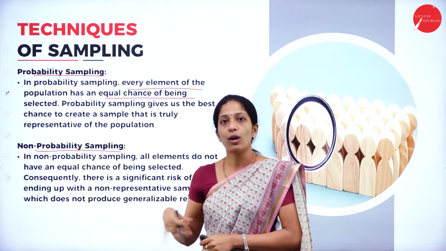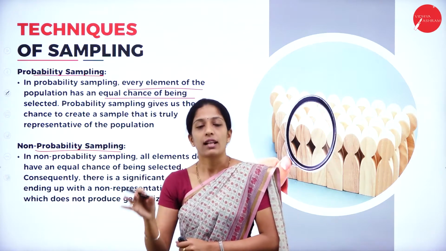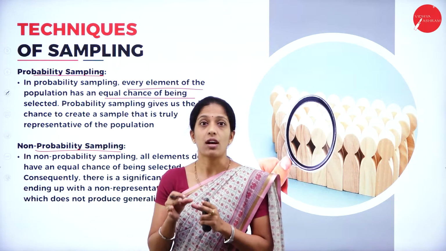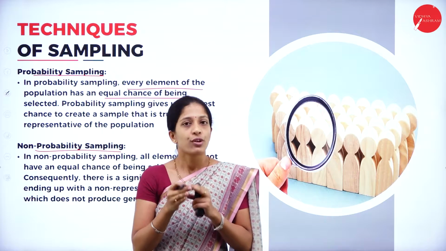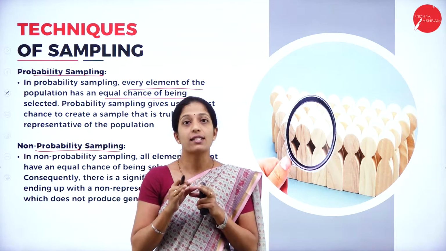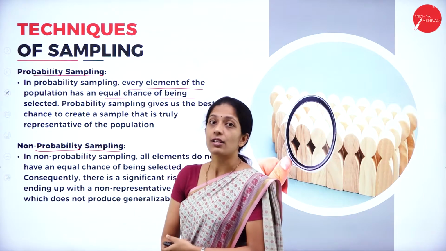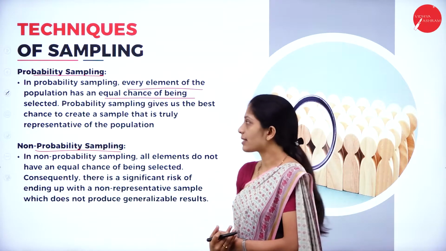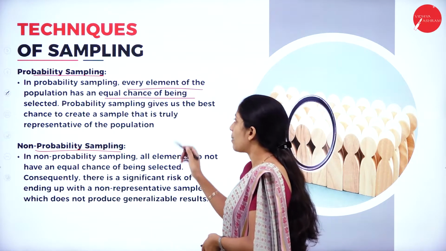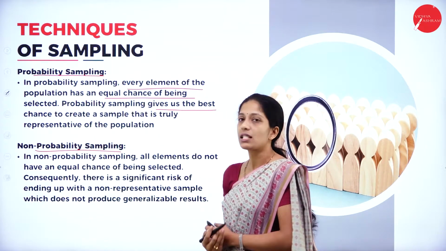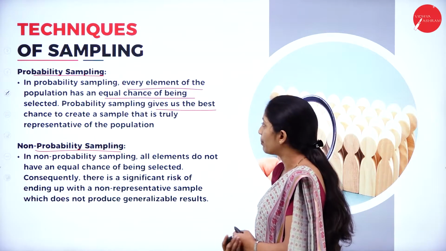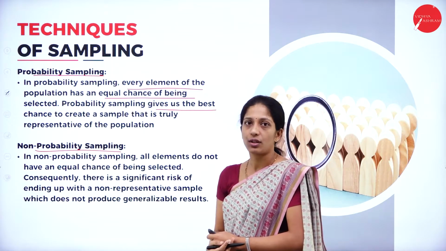Suppose there are 10,000 respondents in the population, all the 10,000 respondents have an equal opportunity to be selected. That is known as probability sampling.